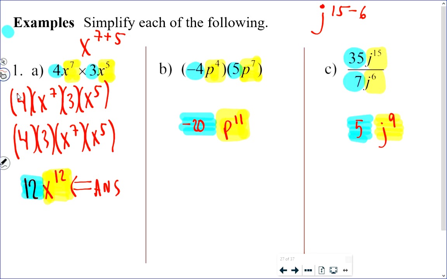Basically, what A, B, and C demonstrate to you is if you're dividing expressions, you can divide the coefficients and divide the powers. If you're multiplying expressions, you can multiply the coefficients and multiply the powers.